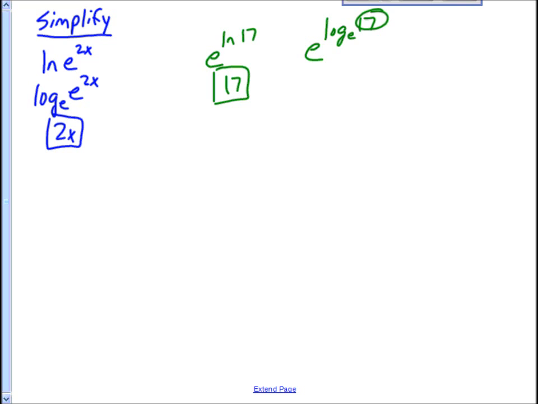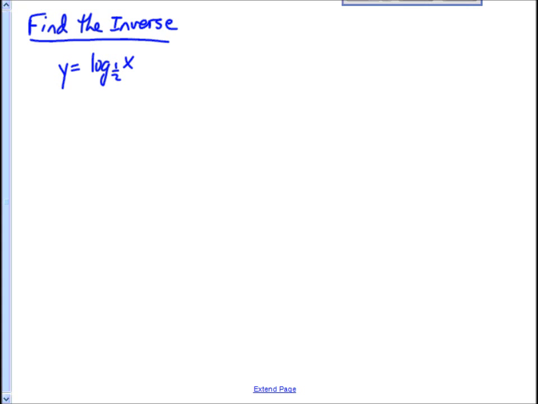All right, let's go ahead and find some inverses now. All right, find the inverse. So let's say we have this, y equals log base 1/2 of x, okay?